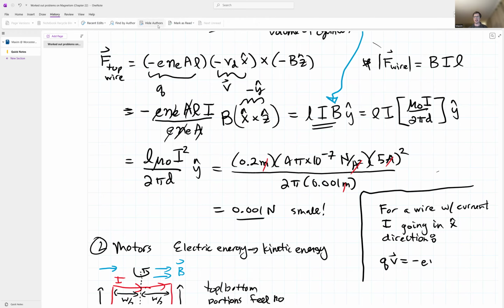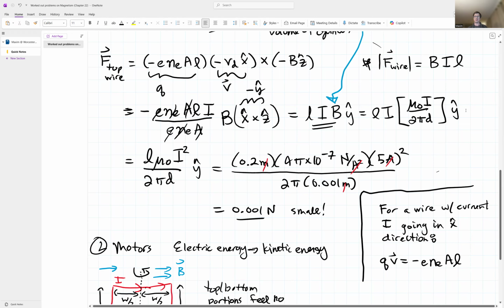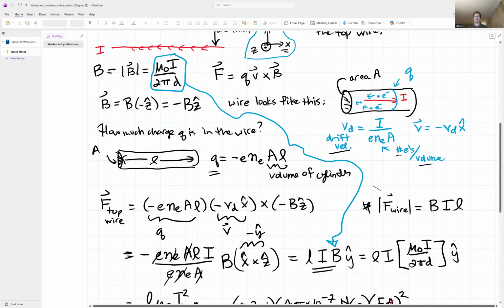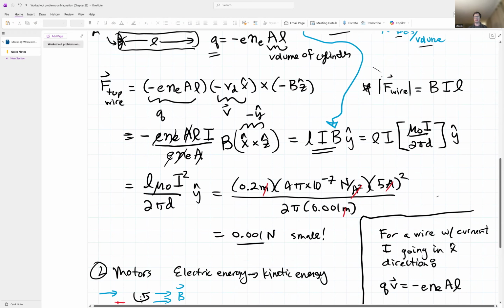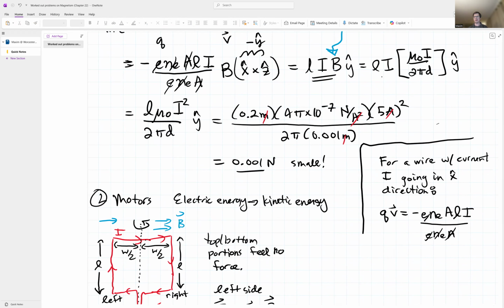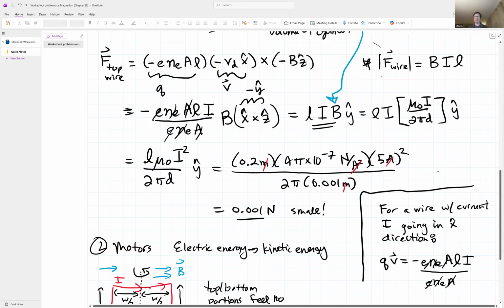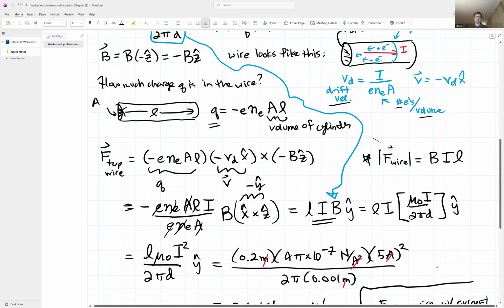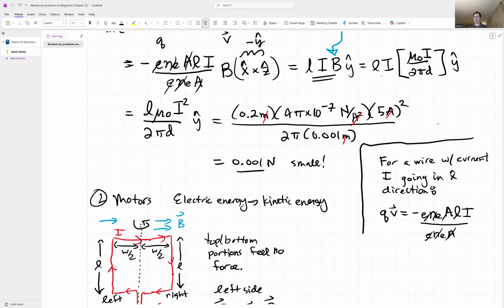It was minus e, density of electrons, A times the length of the wire, and we have the drift velocity. And the drift velocity, I'm just going to plug in for that. If I look up here, drift velocity is the current divided by all this stuff, which canceled out. And it was along the negative x hat direction.